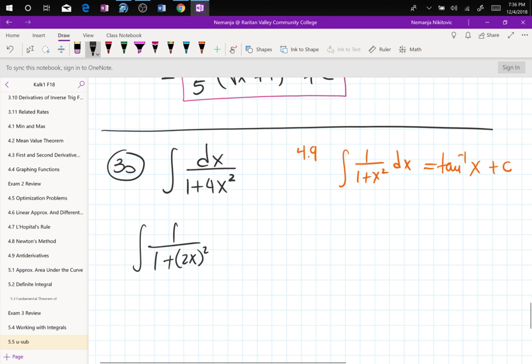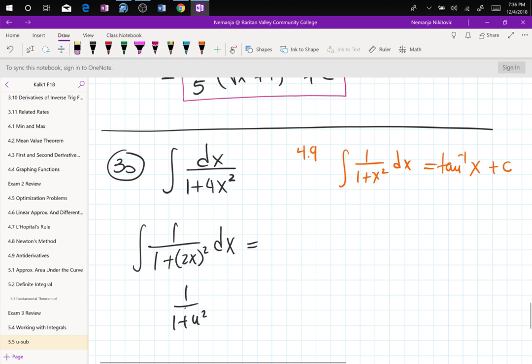So you see now, attitude kicks in to remove this 2x and make it a single variable. Because now if I have 1 over 1 plus u squared, that looks the same. Do we all agree?